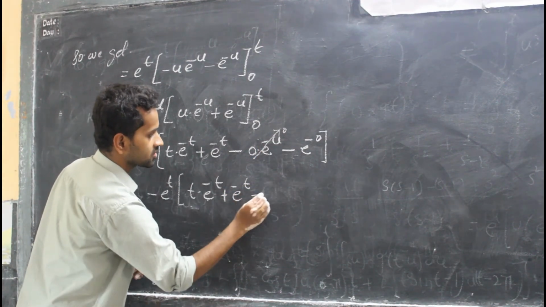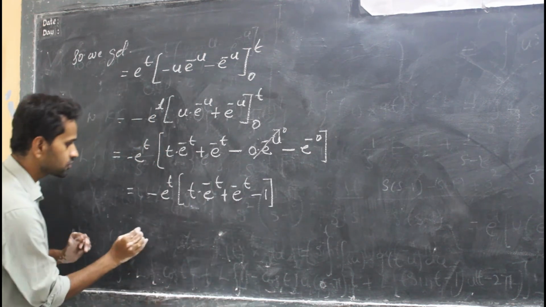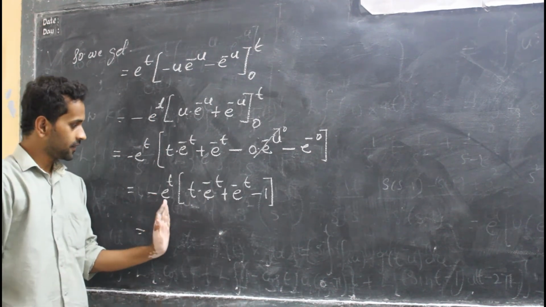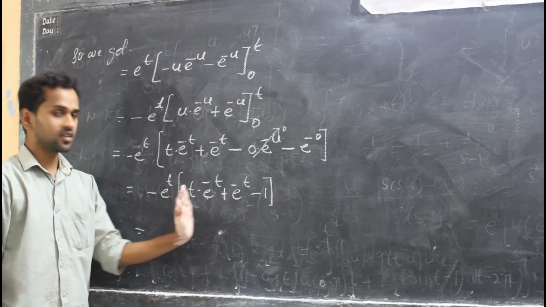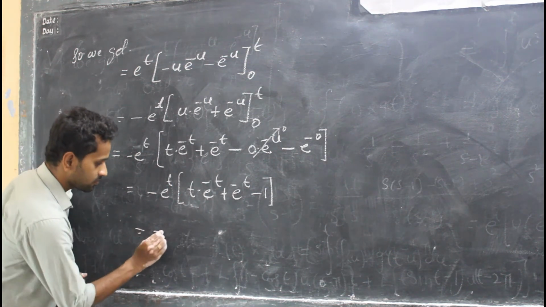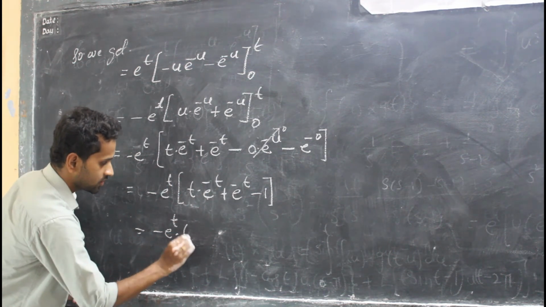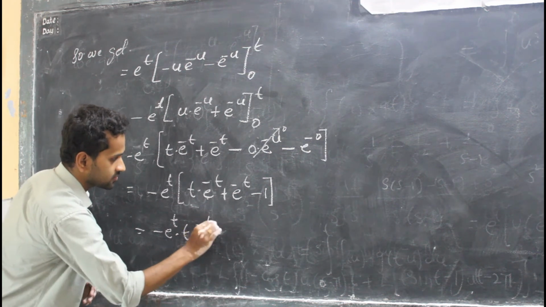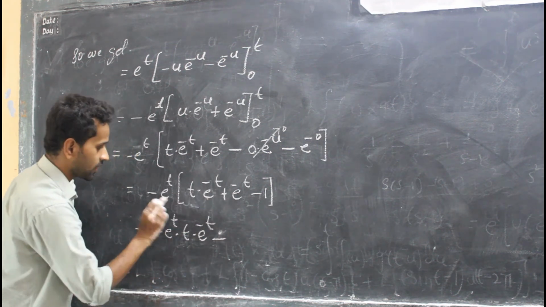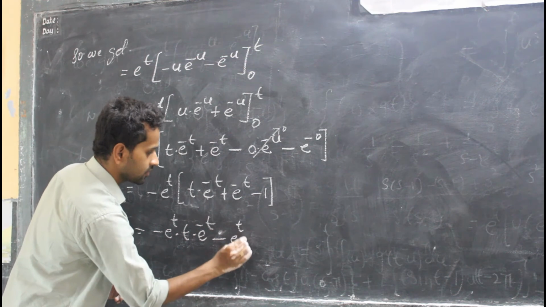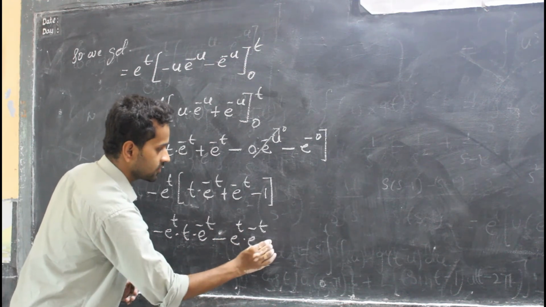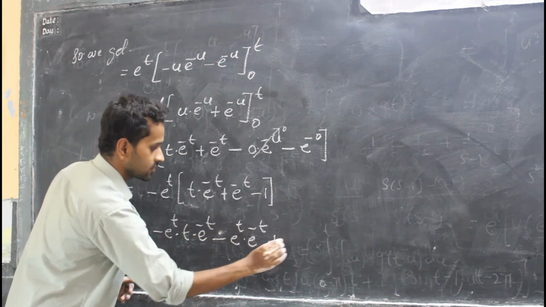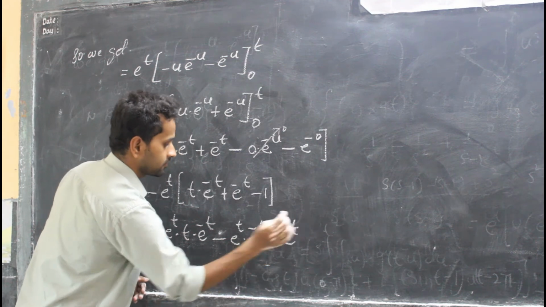So this becomes minus 1. Now I will multiply minus e to the power of t inside. When I multiply inside, minus e to the power of t into e to the power of minus t plus minus e to the power of t into e to the power of minus t, minus into minus plus e to the power of t.